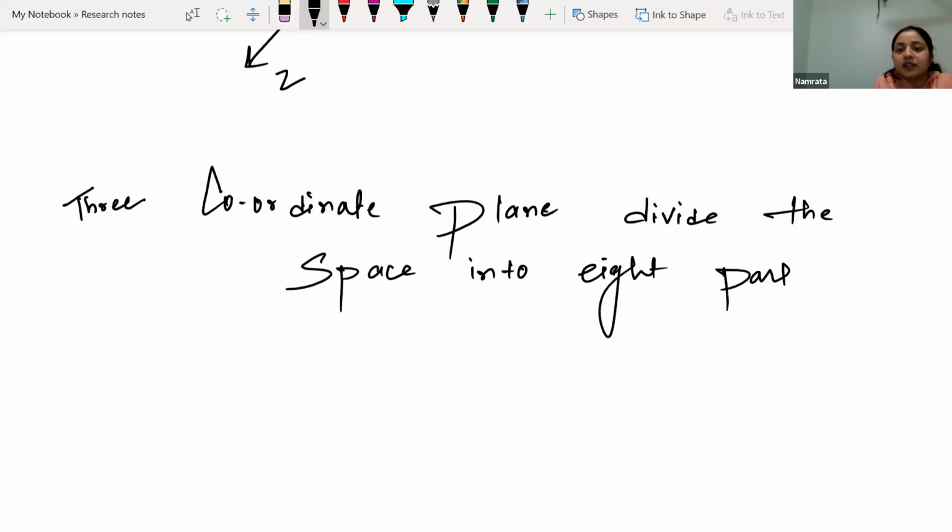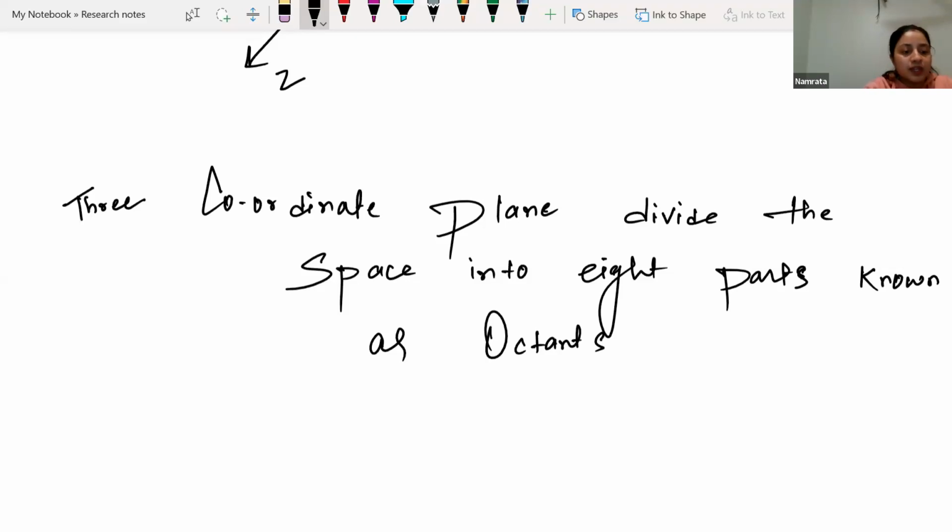As I have explained, it is just dividing the space in 8 parts. You can understand it like this, like four rooms are there in the base floor and 4 rooms are there on the top floor. So total 8 parts we are getting, and that is known as octants.